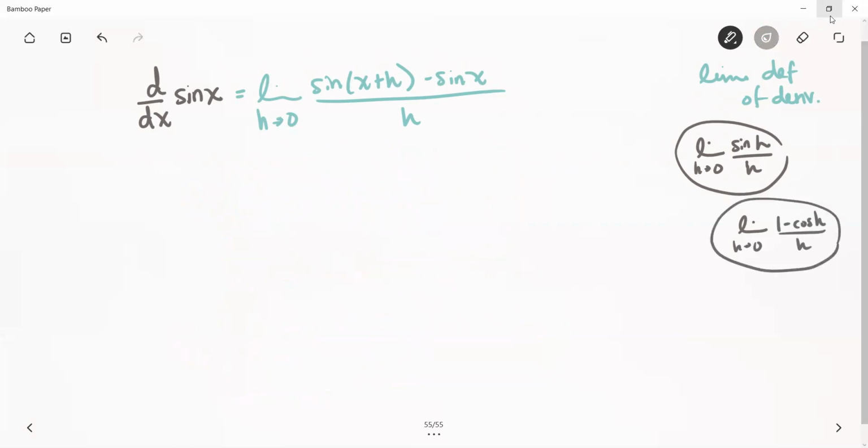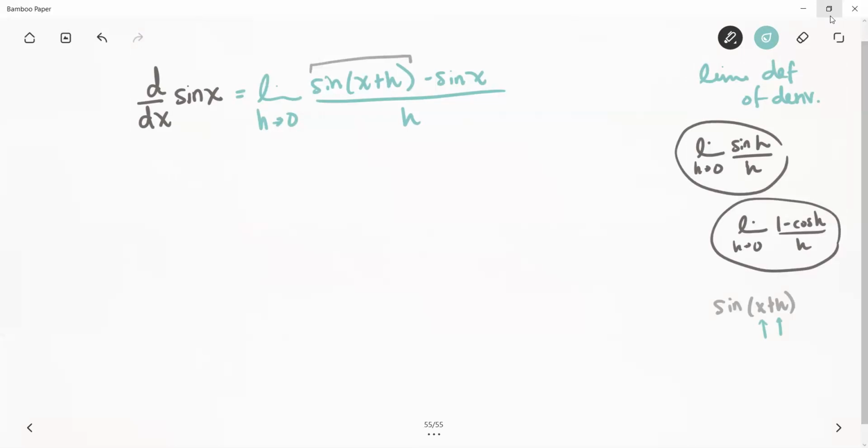Okay. So based on what we're starting with, this thing right here, I feel like I don't really want x plus h. I just want sine of h. So the question is, how can I get the h to come outside of the sine? And so if you look at what we have, sine of x plus h, the fact that x and h are inside, right?